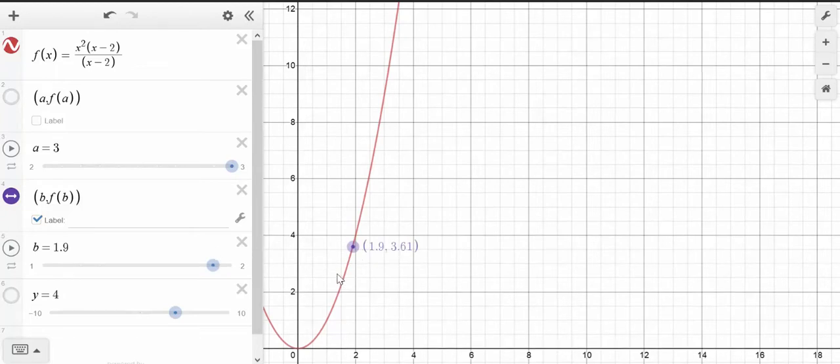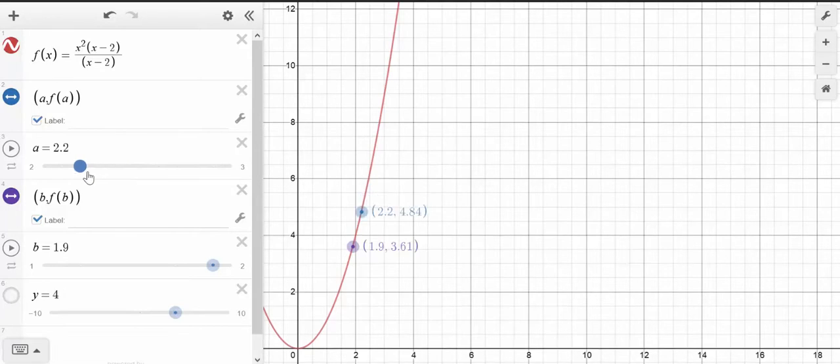Now, I could go the other way. I could come from above. Let me turn this one on. See? Now I'm at 3.9, and let me go the other way, decreasing by tenths. We pay attention to the y's. What's happening here? The y is decreasing, right? 6.76, 6.25, 5.76.